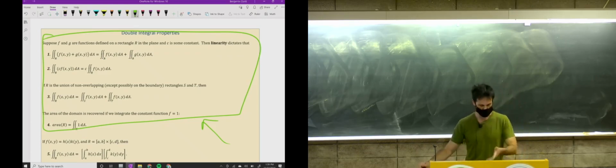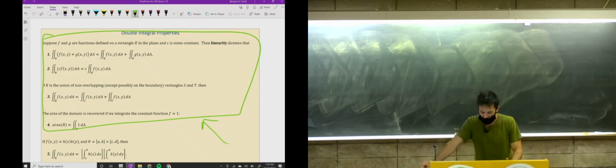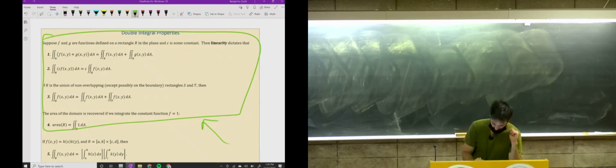I almost didn't even want to show them to you now, because I'm going to have to mention them in 5.2 as well, because they also hold in that context. So here's what these properties are. And like I said, these first 4 also work for regions more general than rectangles.